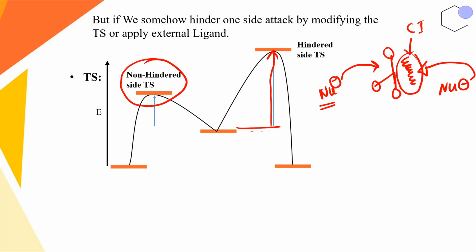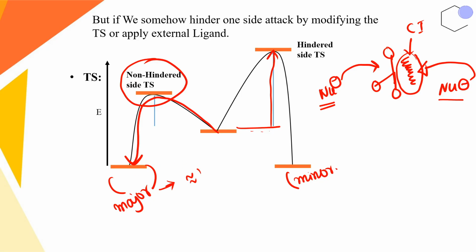So naturally the reaction follows this particular pathway more, which results in forming this particular product as the major one, and this the minor. Now if that chiral influence is so strong that no nucleophile can attack from the backhand side, then we can say that the major product might have nearly 99% ee.